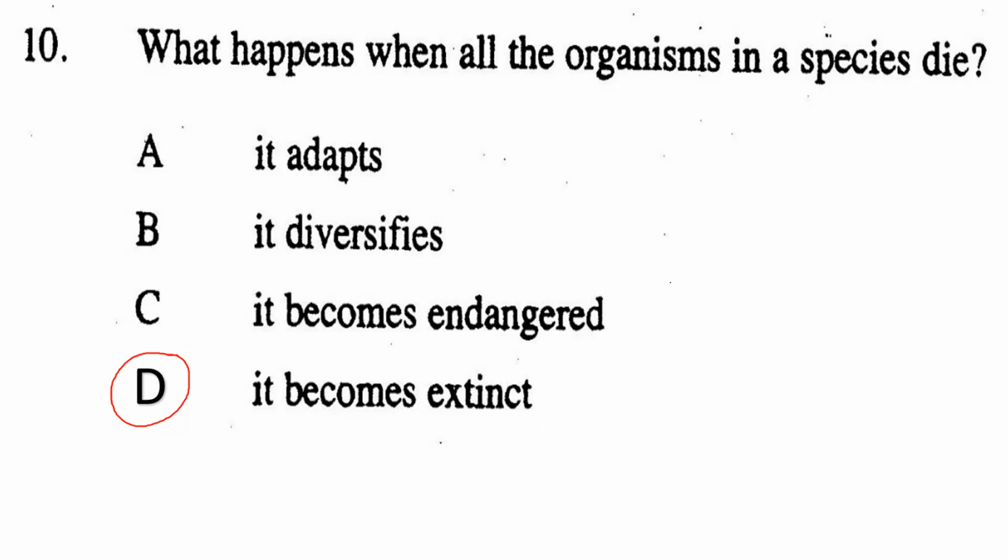Alasia, what happens when all organisms in the species die? Not Darnie, Alasia. Can you tell me? They become extinct. Very good.